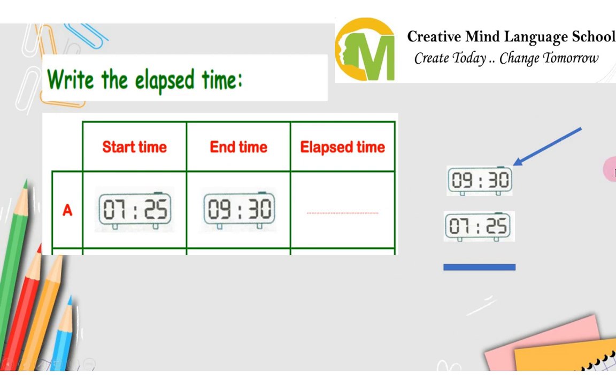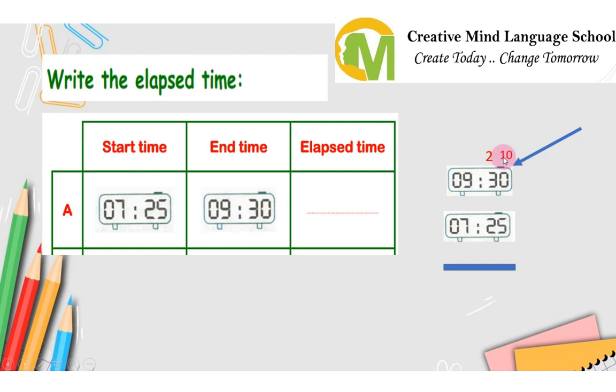0 minus 5. 0 minus 5 doesn't work because 0 is smaller than 5. What can I do? Borrow from 3. So 3 becomes 2 and 0 becomes 10.